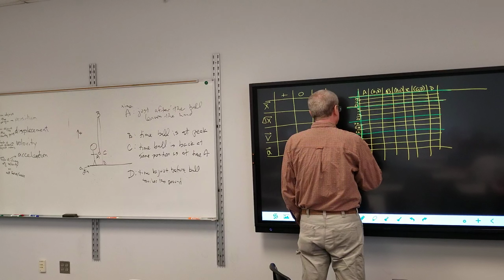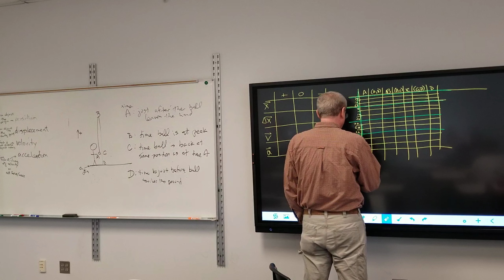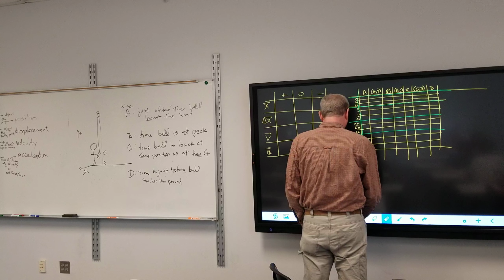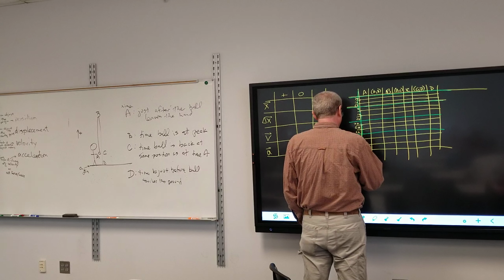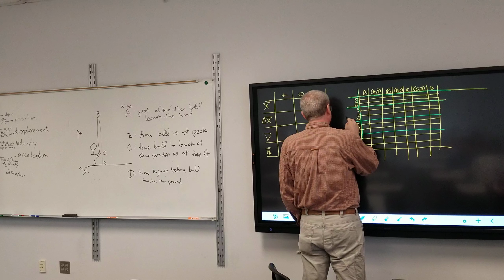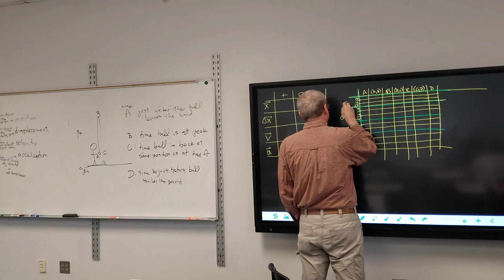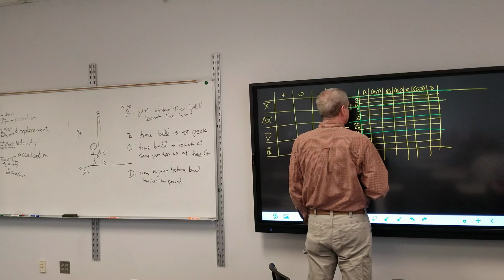If the velocity is constant, that means there's no acceleration, right? But what is velocity at b? Oh, that is a change, it's not a constant change, right? The negative acceleration is constant, right?